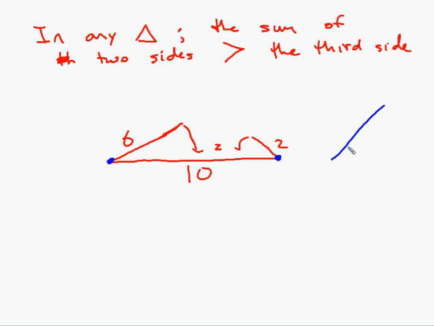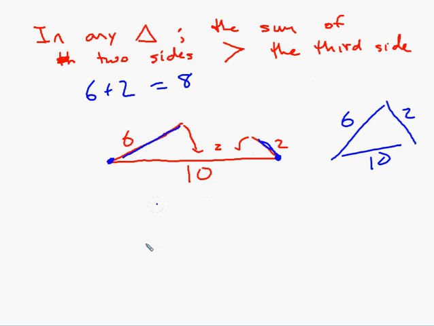Now, obviously, I would just draw the triangle. But the reality is, 6 plus 2 is how much? 8. These two sides together are not long enough to actually meet, because this is 10. So the sum of two sides has to be greater than the third side. 6 plus 2 is not greater than the 10.